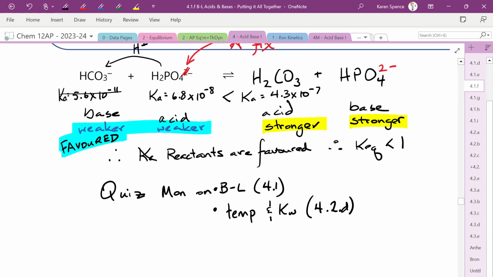And guess what else is in acids and bases? Like 4.1, that would be properties of acids and bases.